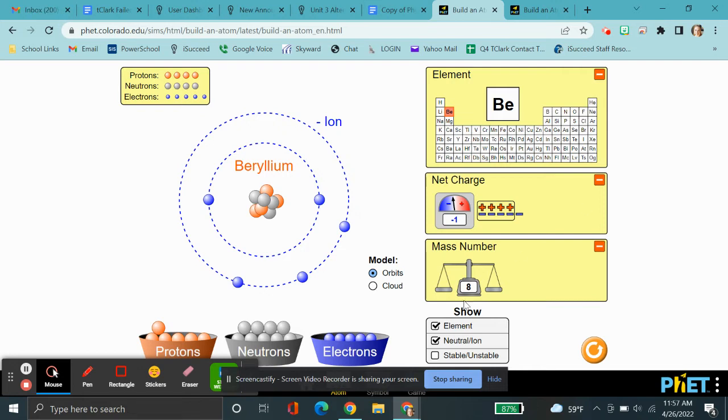So essentially, this net charge is what you're going to be writing an equation for. Okay. So it'll be the number of protons minus the number of electrons will give you your charge, or something along those lines.